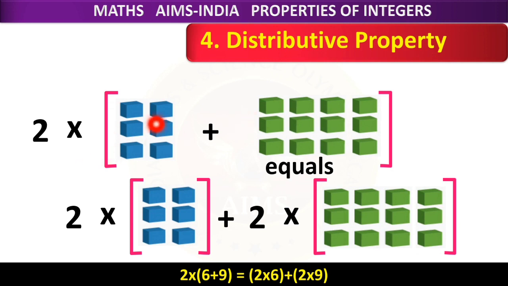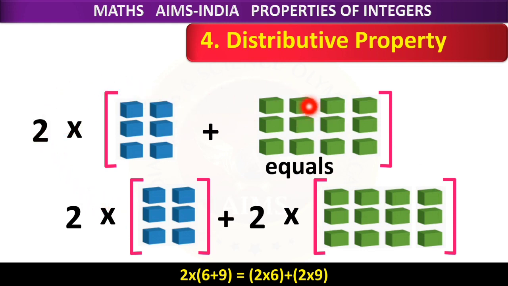In the same way, in distributive property, we'll distribute an integer among two integers. Look at this here. We are having 2 into the first set of blocks and the second set of blocks. In the next equation, what did we do? We did 2 into the first set of blocks plus 2 into the second set of blocks. We are distributing 2 among both these blocks.